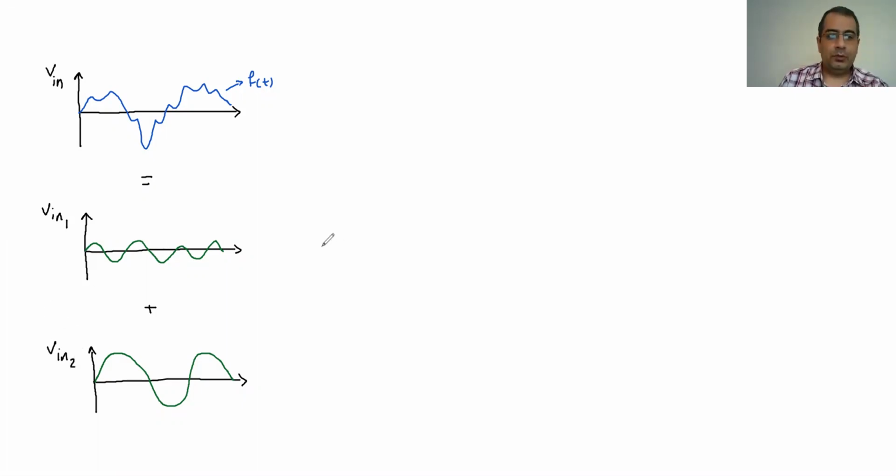Then I'm going to use the filter function. After I decompose it, the V out for 1 is the filter at F1 times V in 1.